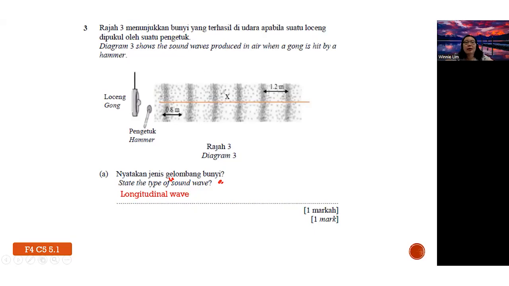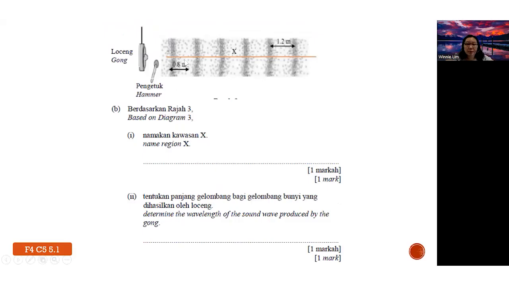For sound wave, we will normally use lines to represent the idea of sound wave, where you will see the regions where they are compressed together or far away from each other. Like in this question, B1, name the region X. Basically this part X, this is also X, this is also X. The part where all the particles are away from each other is called rarefaction.